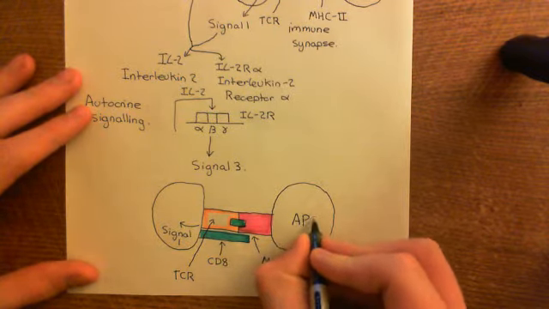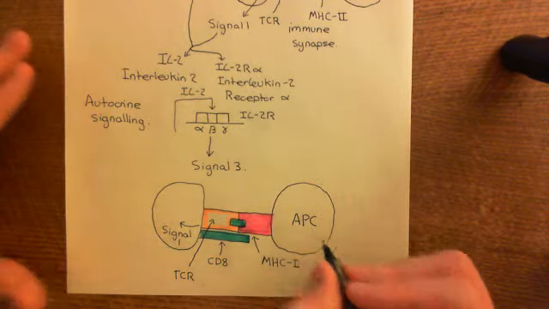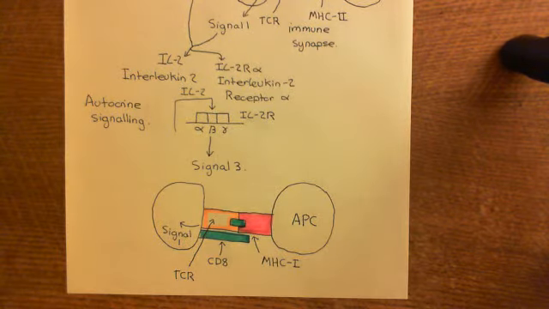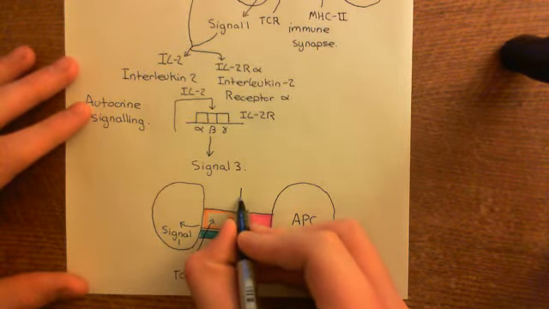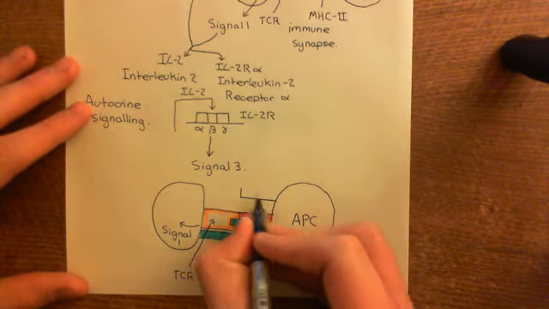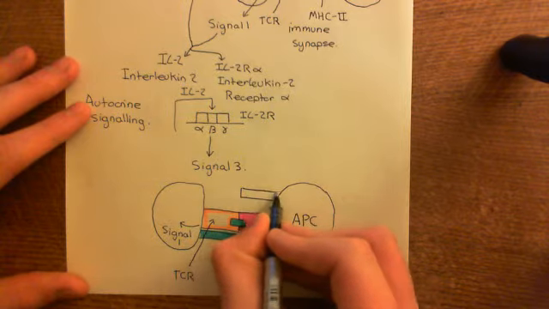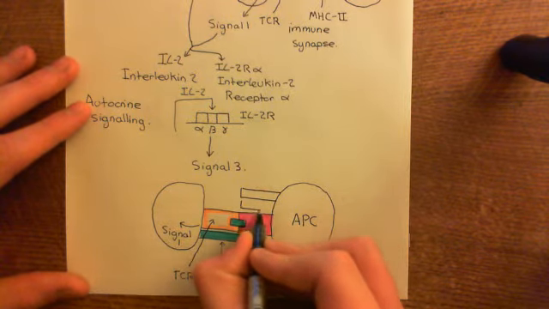So again, if this genuinely is the antigen fragment of a pathogen, then basically this pathogen will have a huge number of PAMPs, pathogen-associated molecular patterns, and these will have activated pattern recognition receptors on the surface of the antigen-presenting cell, and that will have caused the activation of the expression of certain co-stimulatory molecules, which I will draw here.